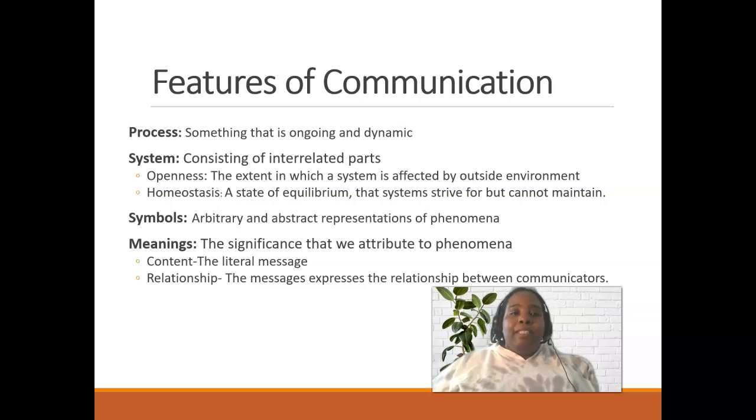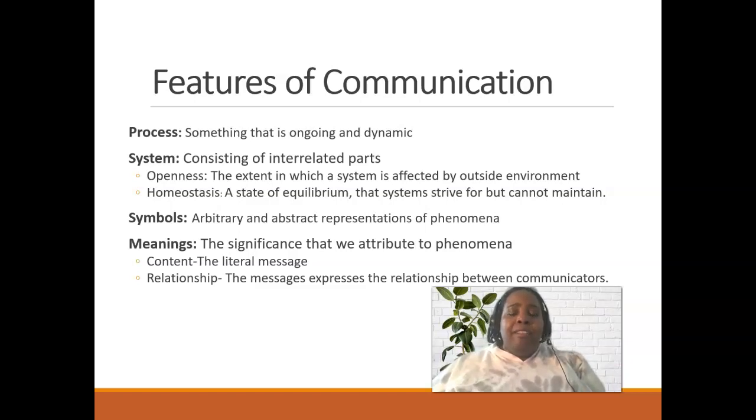So when we think about systems, we think of openness, which is the extent that a system is affected by the outside environment, and establishing homeostasis, a state of equilibrium. When we think about homeostasis, you've probably heard of that in a biological sense. When we think about that in communication, we're trying to find balance.